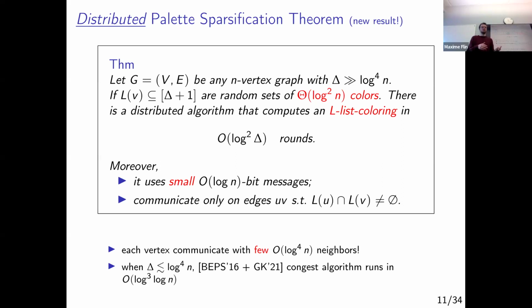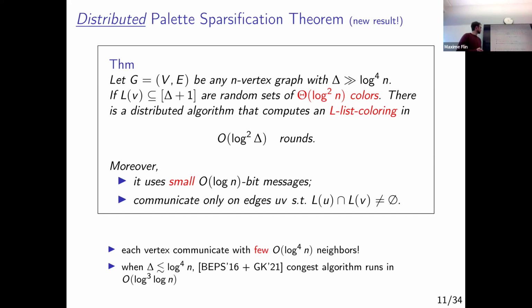It's not as fast as log star, but still reasonably fast. It's a CONGEST algorithm, so you only use small messages. And it only communicates on the edges of the sparsified graph. So over the whole algorithm, you're only going to talk to polylog many neighbors, which really solves the question we had at the beginning.